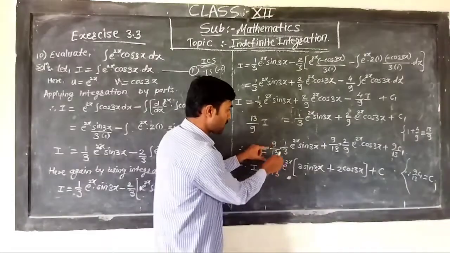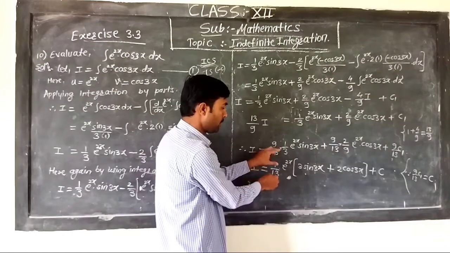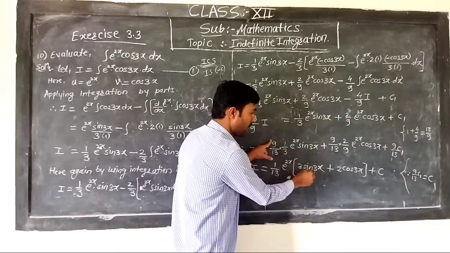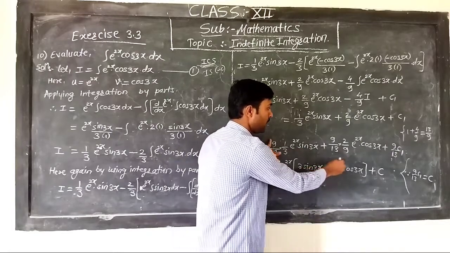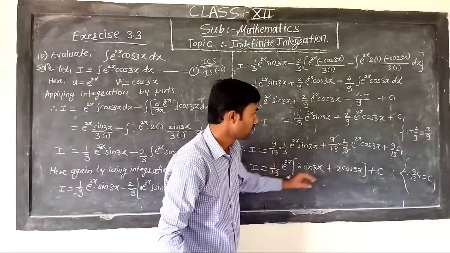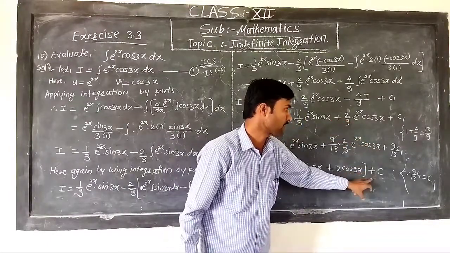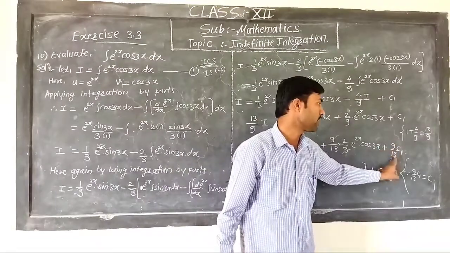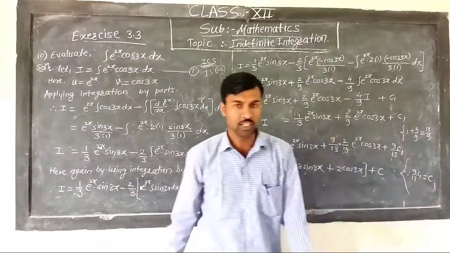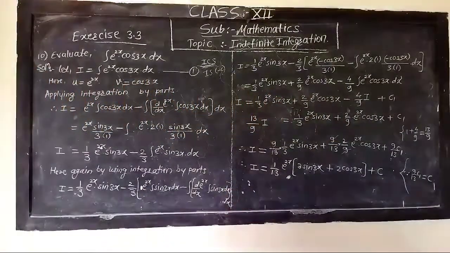The remaining terms are 3 3s are 9, 3 into sin 3x plus here 9 gets cancelled. 1 upon 13 is taken as common. So now the remaining terms are 2 into cos 3x plus, and this term 9 upon 13 into c1 is taken as a constant capital C. Here is our answer. Okay friends.